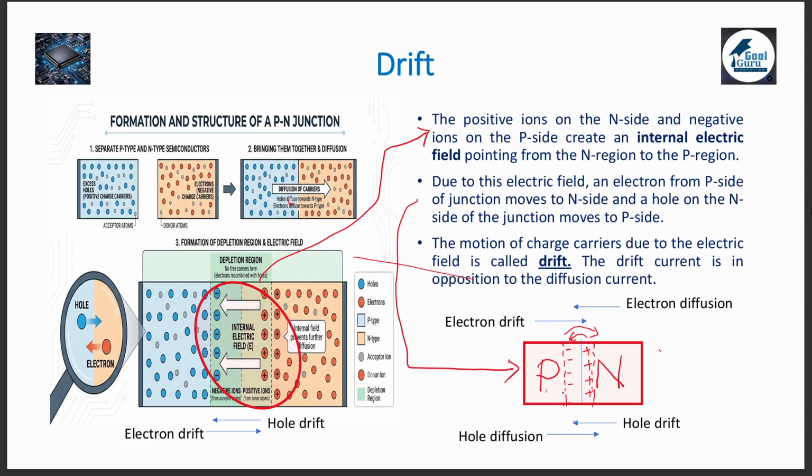Obviously, it is in opposition to the diffusion. And as clearly shown in the figure, the electron diffusion and the electron drift are in opposite directions. Likewise, the hole drift and the hole diffusion are in opposite directions.